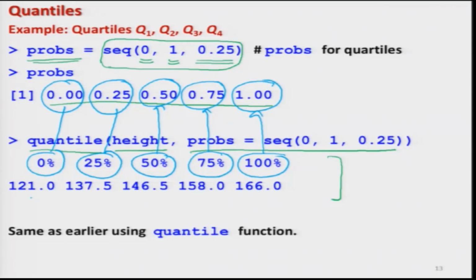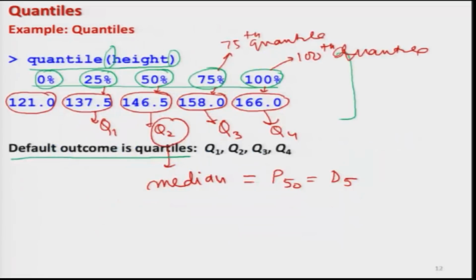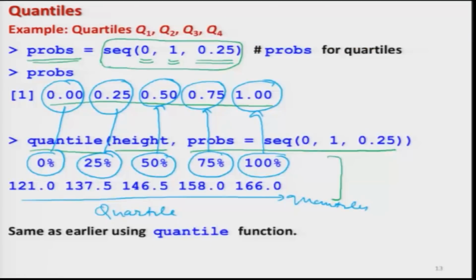You can see that these are the values of the quantiles, and essentially they are the quartiles. So you can compare these values with the values you obtained directly by using quantile; they are the same.